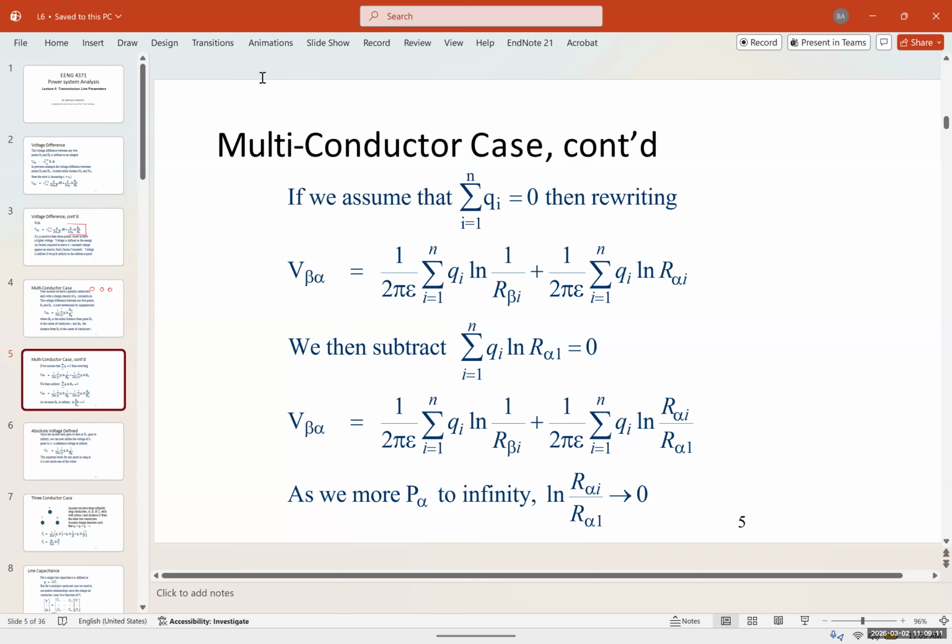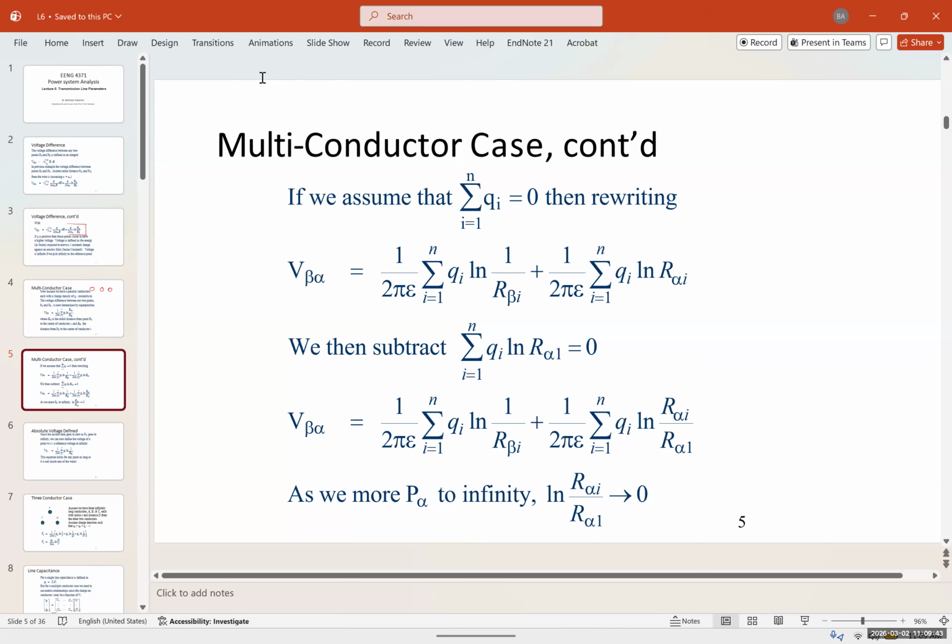We then subtract the sum from i equals 1 to n of Qi ln R alpha 1, which is equal to 0. So V beta alpha is equal to 1 over 2 pi sigma, the sum of Qi ln of 1 over R beta i, plus 1 over 2 pi sigma, the sum from i equals 1 to n of Qi ln of R alpha i over R alpha 1.